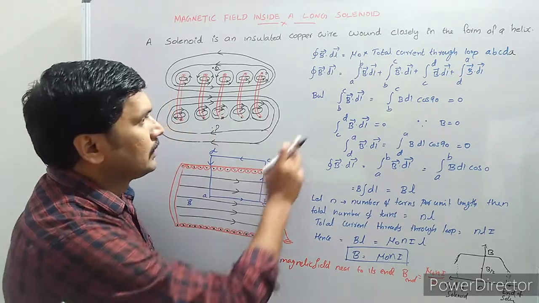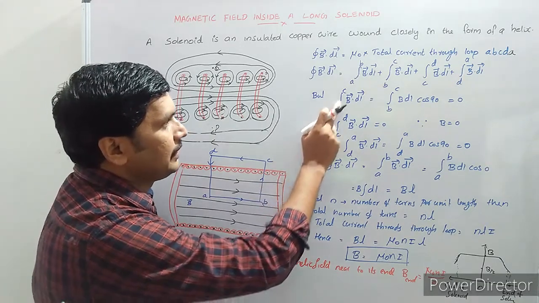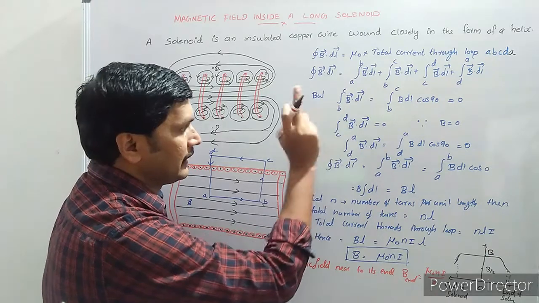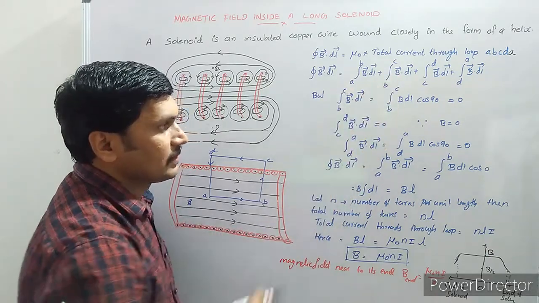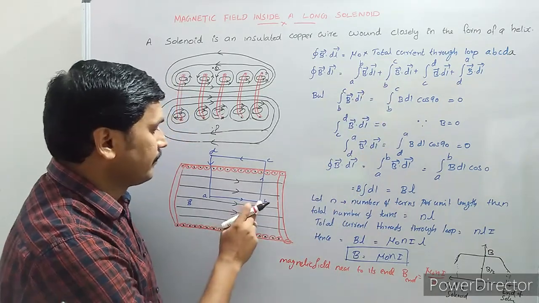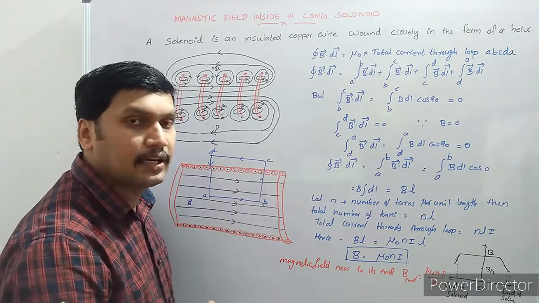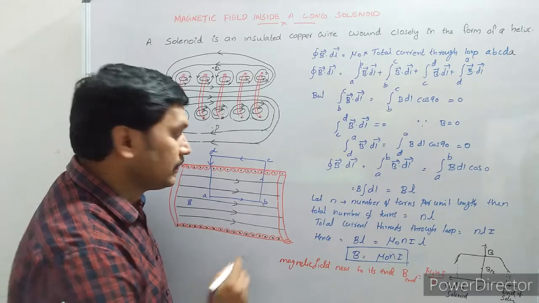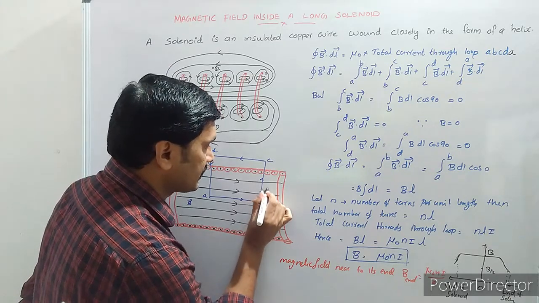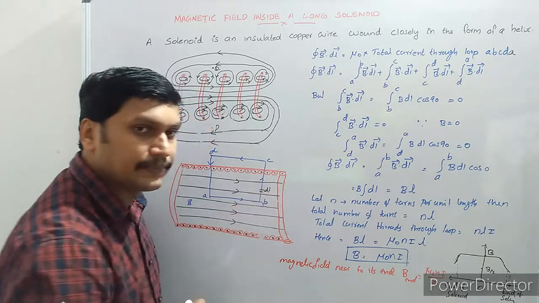But you see the line integral B dot dl from B to C is equal to what? If you are finding B dot dl, first see what is the angle between B and dl. We are taking a very small length element dl here.